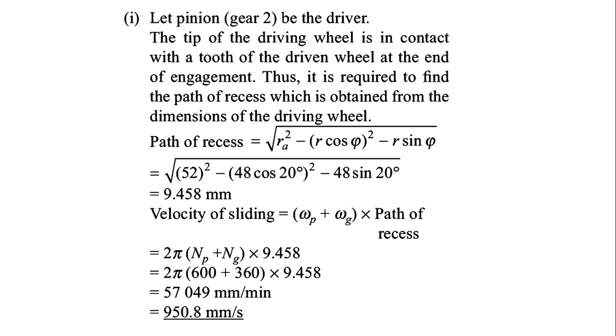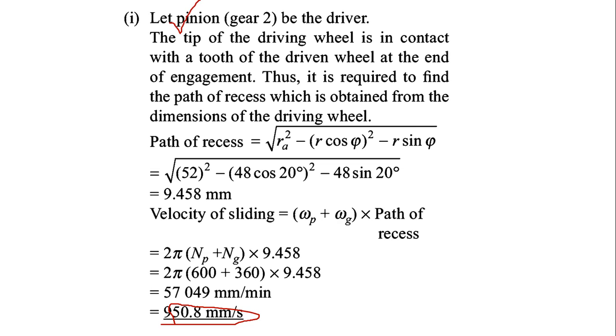So the path of recess is 9.458, and if you substitute in the formula, you finally get 57049 millimeter per minute, or 950.8 millimeter per second. Okay, so we'll be getting this answer. Has anyone got this answer? Yes, sir, got it.